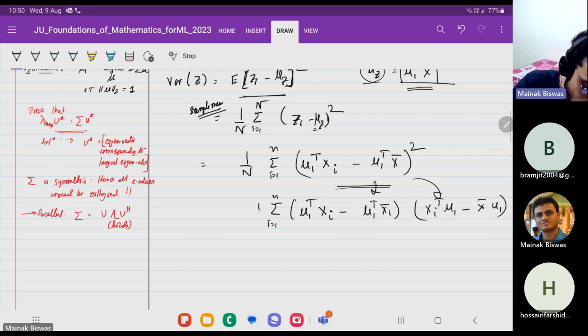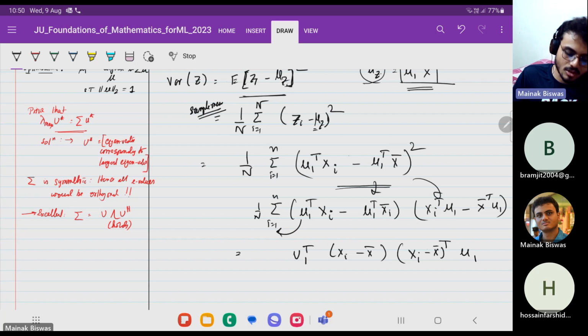So now what will I do? So I can take U out, yes or no? If I take U out, what will I have? U1 transpose Xi minus X bar, where X bar is the full mean, and you will have Xi minus X bar transpose U1. Yes or no?